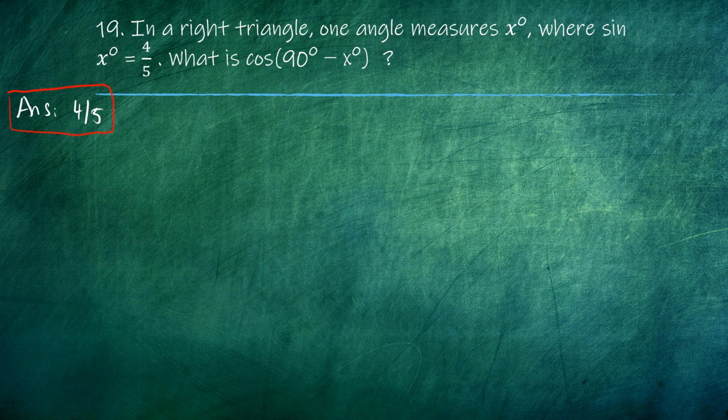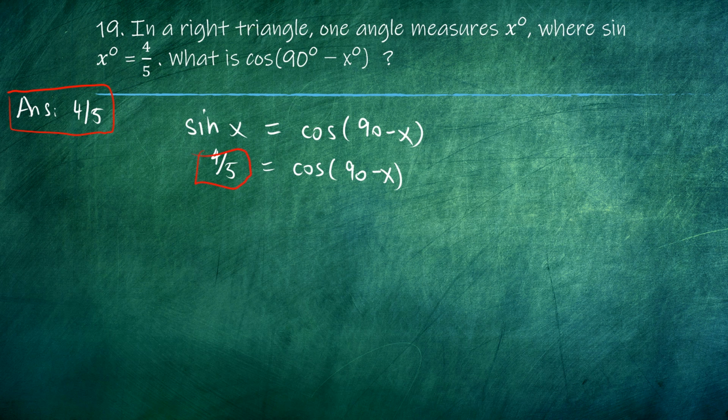To solve this question, it is actually very simple if you know the cosine and sine complementary angle identity, which states that sine of x is equal to cosine of the complementary angle of x, which is 90 minus x. So because we know that sine of x is 4/5, that is the same as cosine of 90 minus x. So that's our answer.